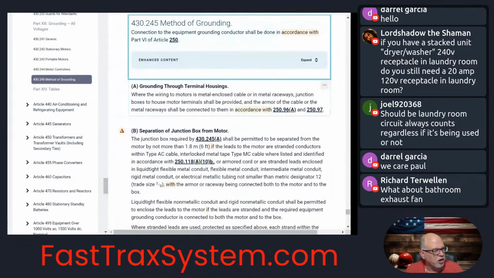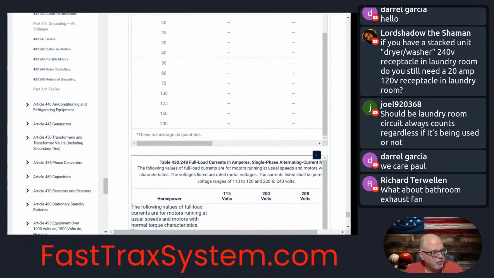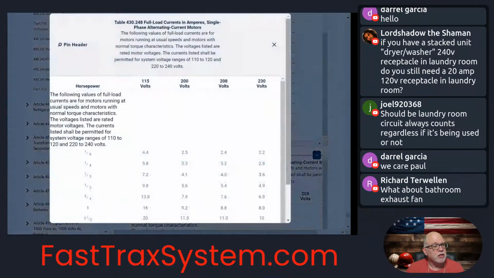We're dealing with this table here, single phase, alternating current. There's the table, and for us it was, I believe, a half horsepower. So right here, half, and it was, I believe, 115.